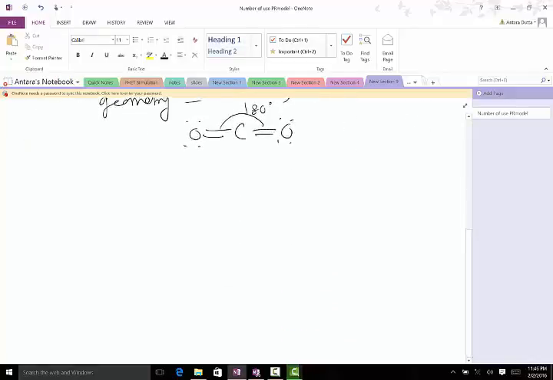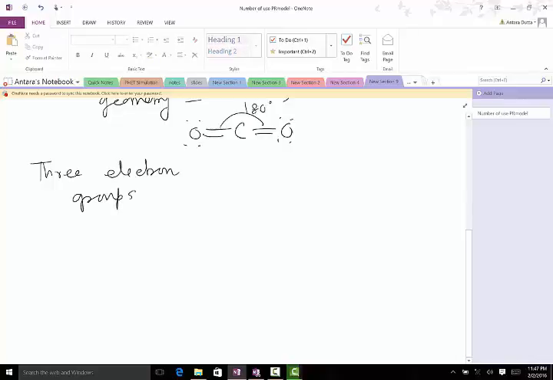Now we come to the 3 electron groups. The example of molecules with 3 electron groups would be BF3, sulfur dioxide, sulfur trioxide, etc. So we will discuss with BF3 first. So we have to draw the Lewis dot structure.